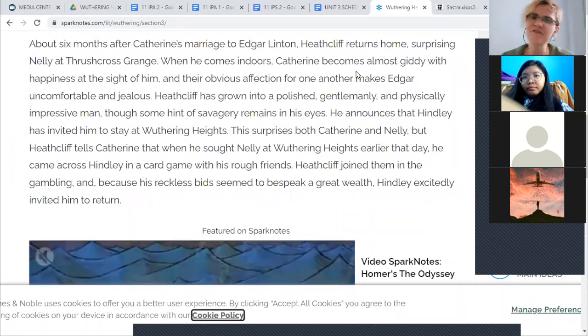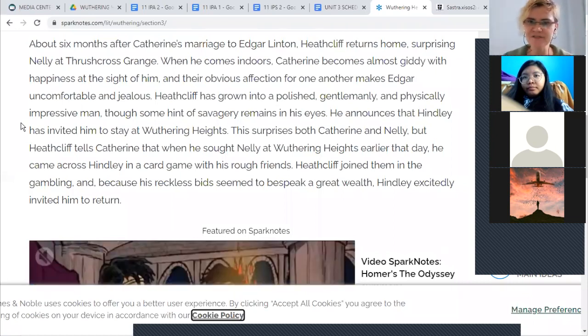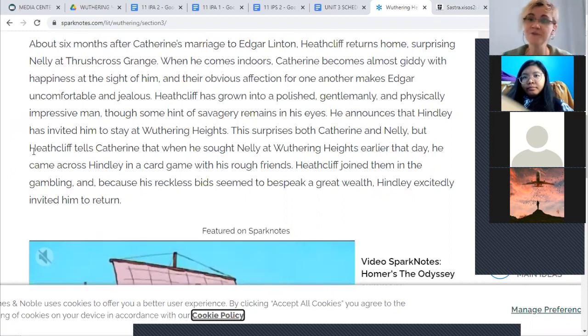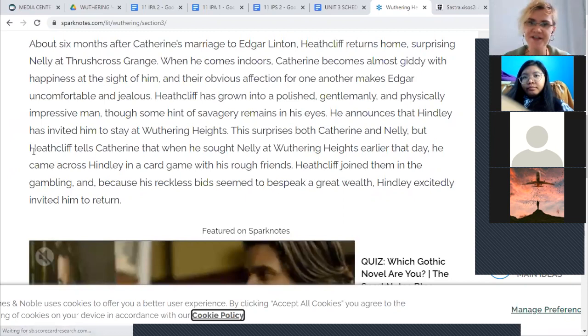And then it's very obvious that Catherine still really cares about Heathcliff, and that makes Edgar very uncomfortable and jealous. So Heathcliff has become this gentleman, a physically impressive man with a lot of money. And he announces that Hindley has invited him to stay, which they found weird because Hindley always hated Heathcliff, and they hated each other. But why is that?